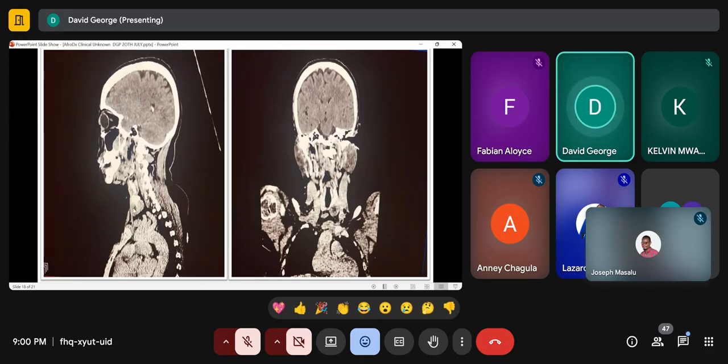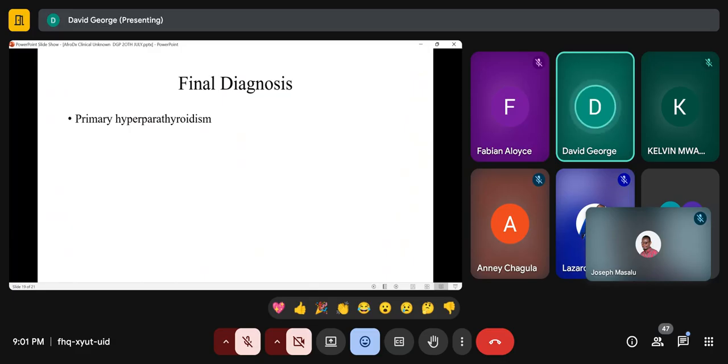In the sagittal section, where my cursor is moving around, the central area looks almost necrotic. So the patient underwent surgery, tissue was sent for histology, and the conclusion was parathyroid adenoma. So we had a final diagnosis of primary hyperparathyroidism.